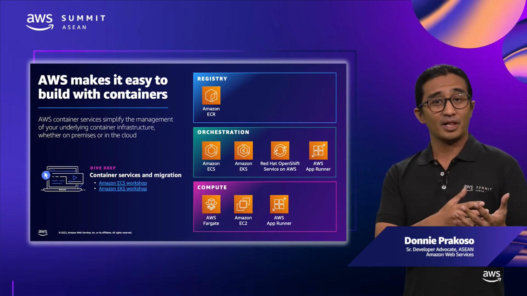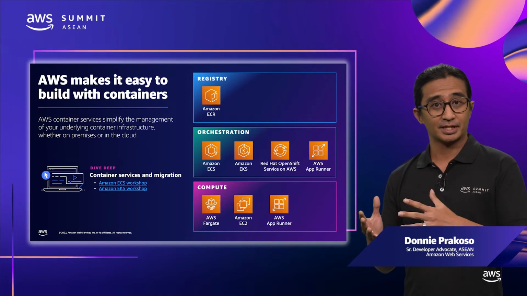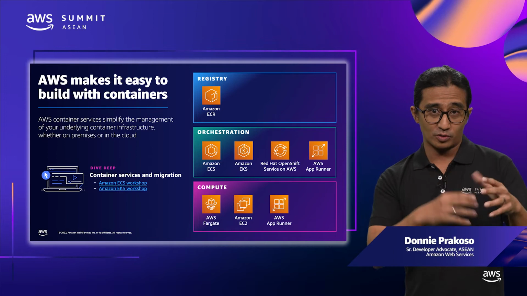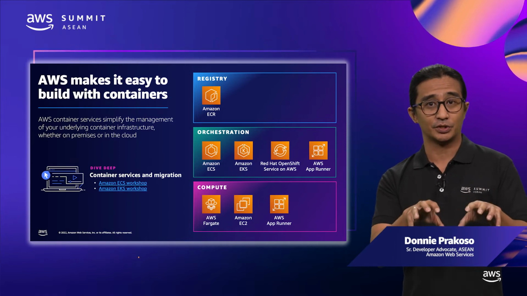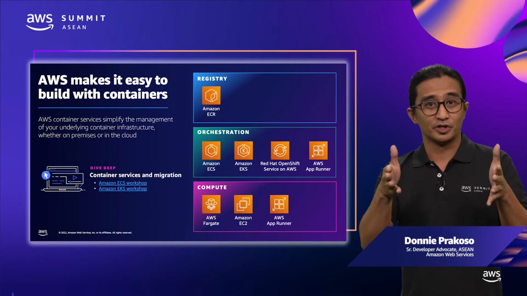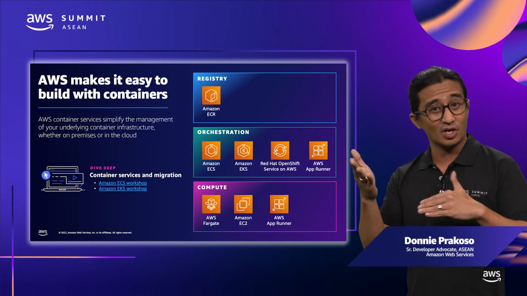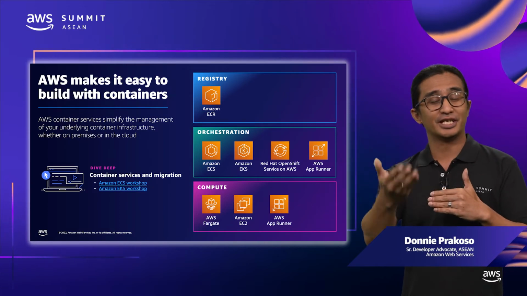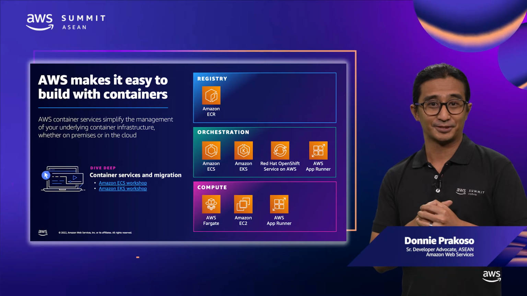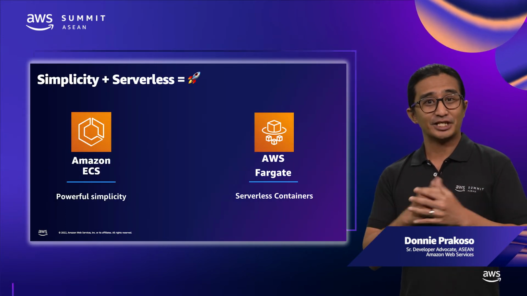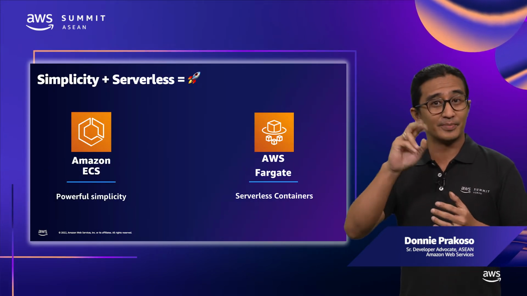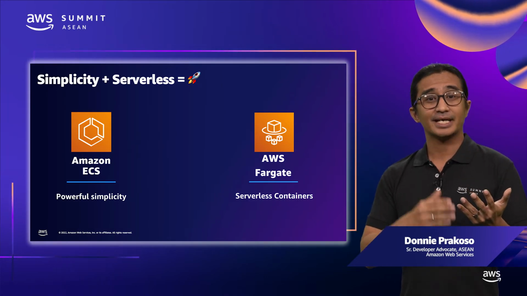You also have a couple of options for computing resources. If you want granular control, you can use Amazon EC2. But if you want to focus more on your products and less on the operations, you can use AWS Fargate, the serverless containers. And for today's session, we're going to focus on two AWS services, Amazon ECS and AWS Fargate.